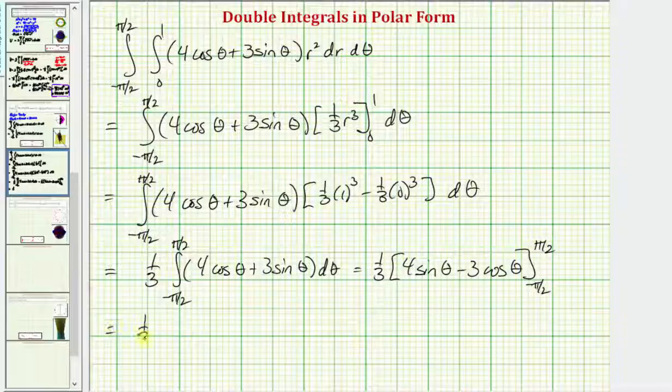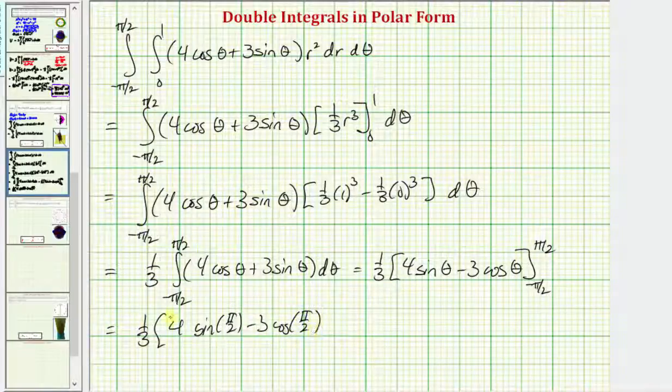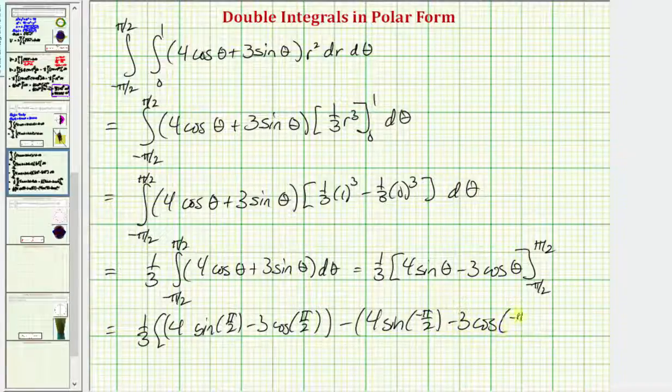So we have 1/3 times, when theta is pi over 2, we have 4 times sine pi over 2 minus 3 cosine pi over 2. So all this is when theta equals pi over 2, and then we have minus, when theta is negative pi over 2, we have 4 times sine negative pi over 2 minus 3 times cosine negative pi over 2.